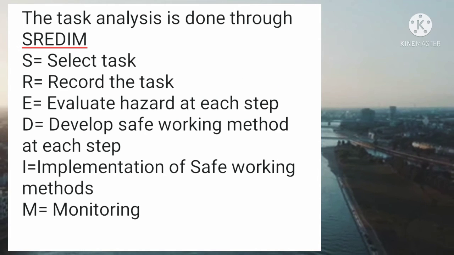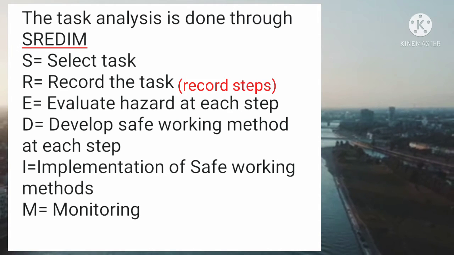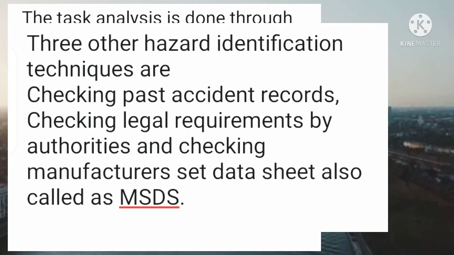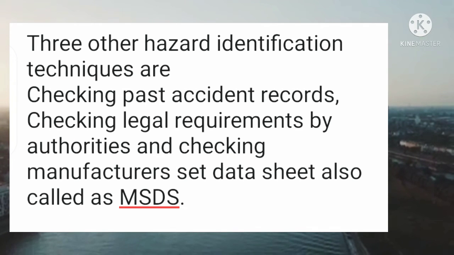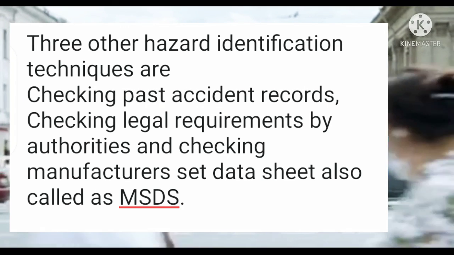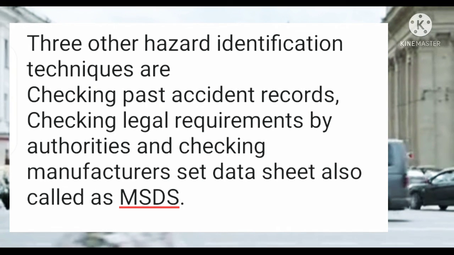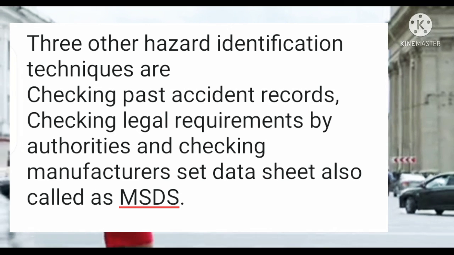I equals implementation of safe working methods. M equals monitoring. 3 other hazard identification techniques are checking past accident records, checking legal requirements by authorities and checking the manufacturer's safety datasheet, also called MSDS.